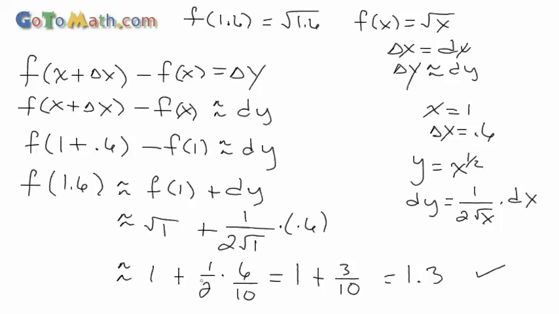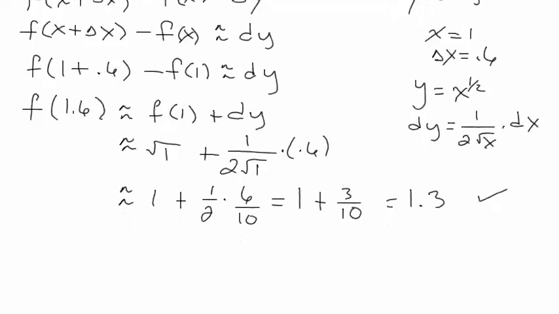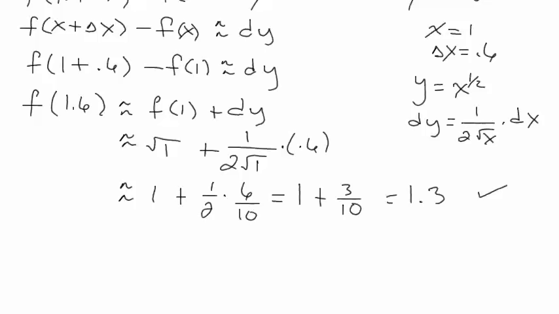Now you notice that we did this by hand without a calculator, right? Okay, let's just scroll up the screen here. Let's remember the square root of 1.6. So the square root of 1.6, and of course this is approximately, because I'm going to be rounding to 4 decimal places or something like that.